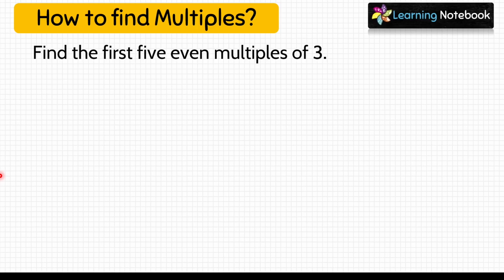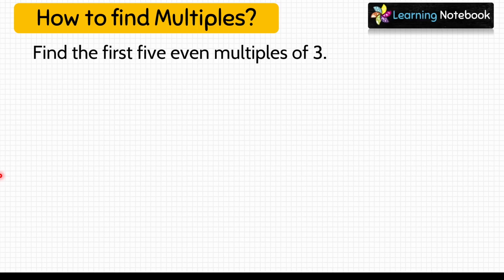Now, if you notice carefully, you will see that on multiplying any number by an even number, we always get the multiple as an even number.